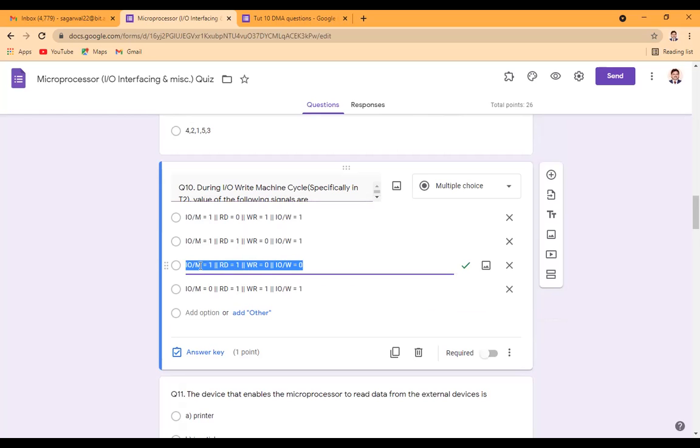And since we are working with input-output, IO/M is high for IO and low for memory. So it will be 1. So this one is the correct answer, in which IO/M is 1, read is 1, write is 0, and IOWR is also 0.